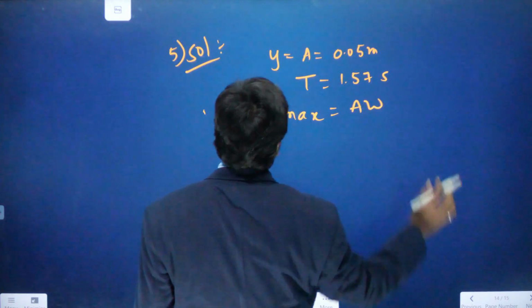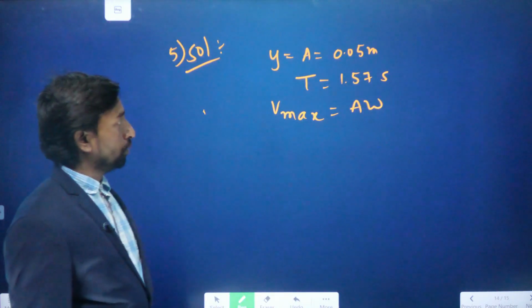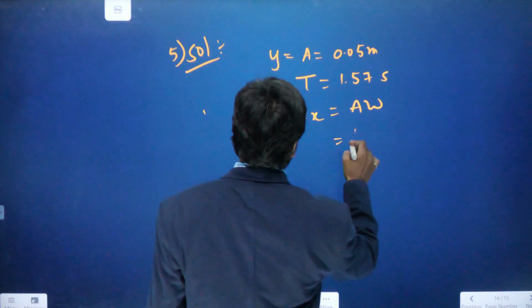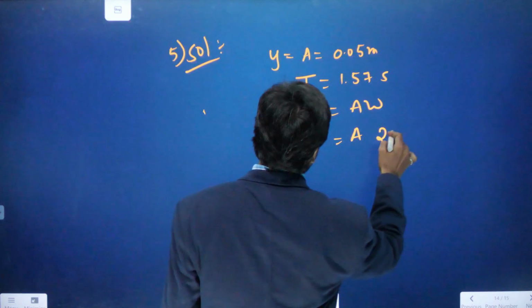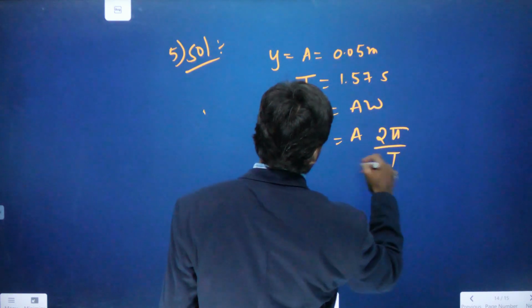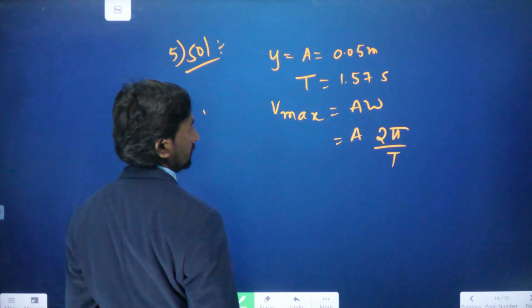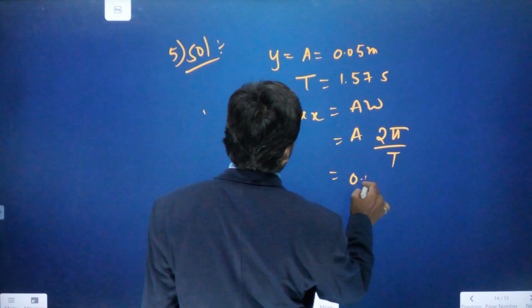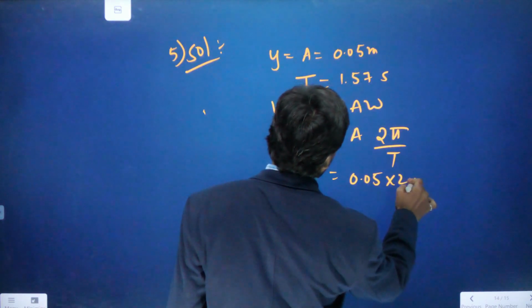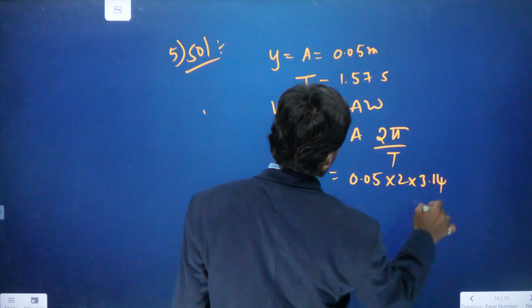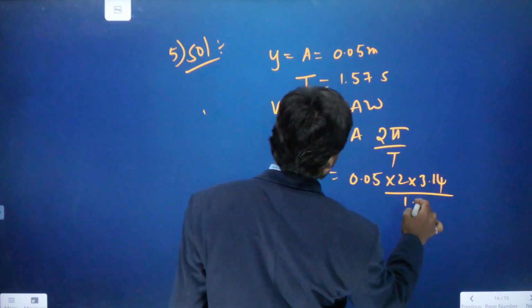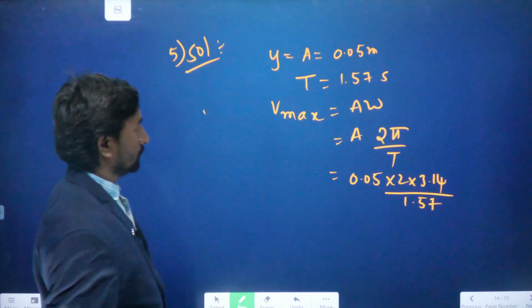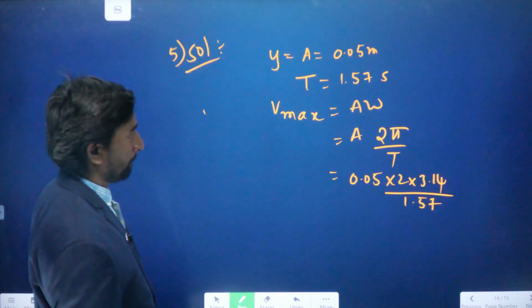Omega is 2 pi by T. So A value is 0.05, into 2 into 3.14 divided by 1.57.